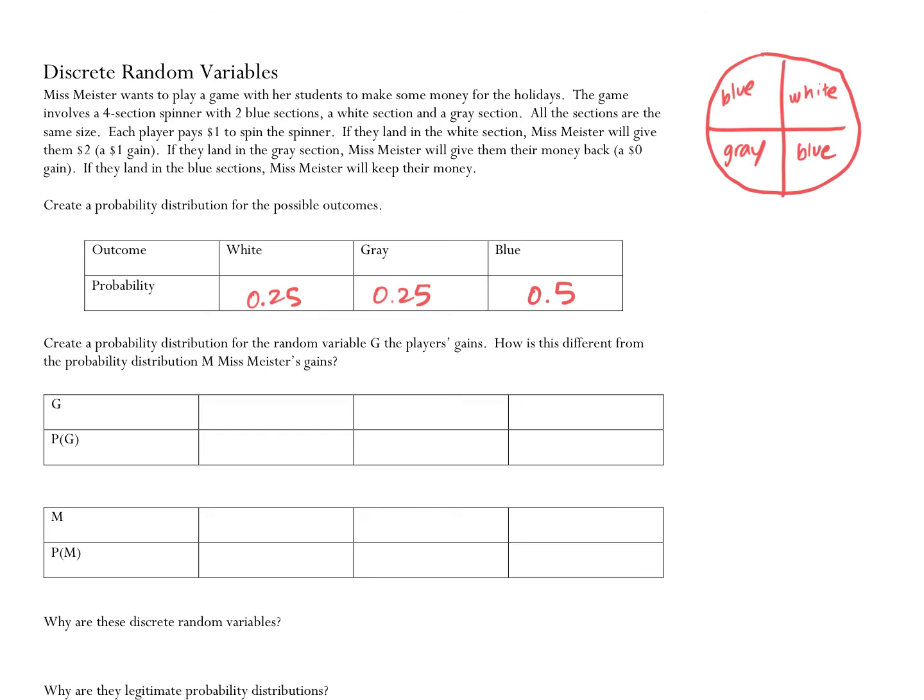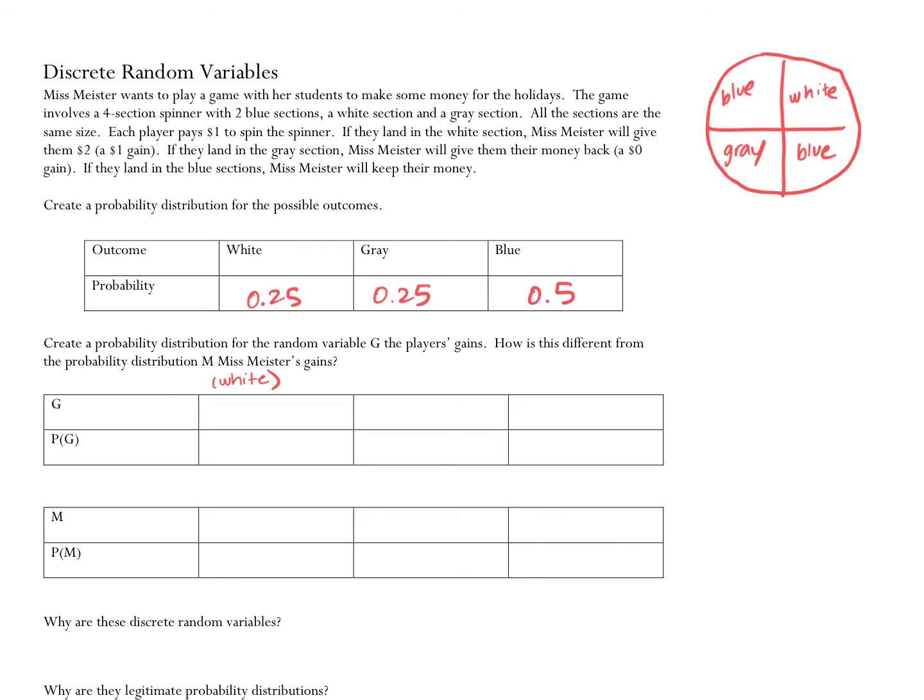And here's how the game's going to work. Each of you is going to pay me $1 to spin the spinner. Is everybody with me? And if it lands on white, not only am I going to give you your $1 back, I'm going to give you another $1 as well. If that's the case, what is your gain?